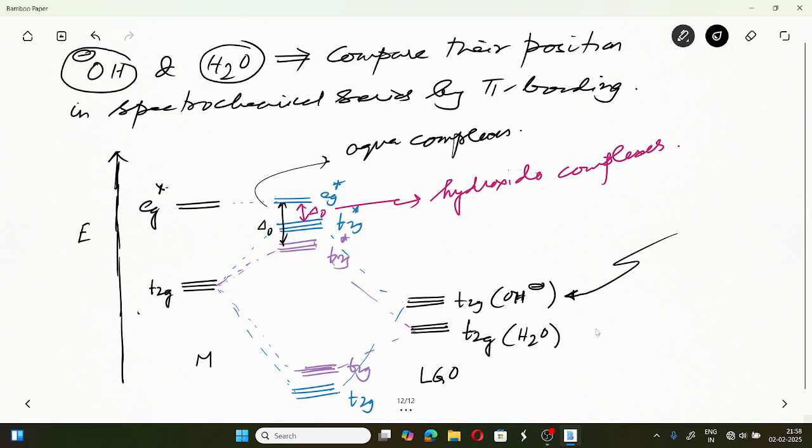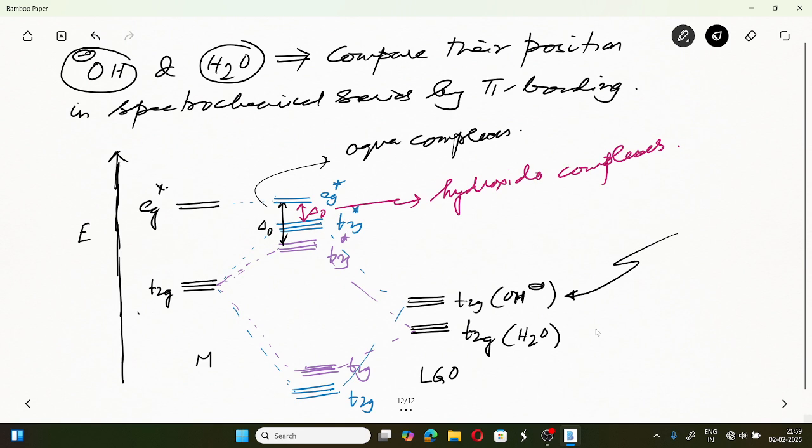with respect to T2G star of water, the aqua complexes, T2G star of aqua complexes.